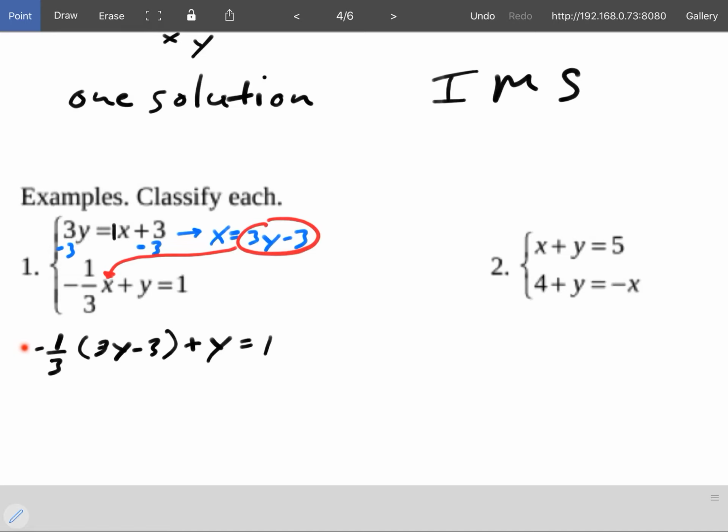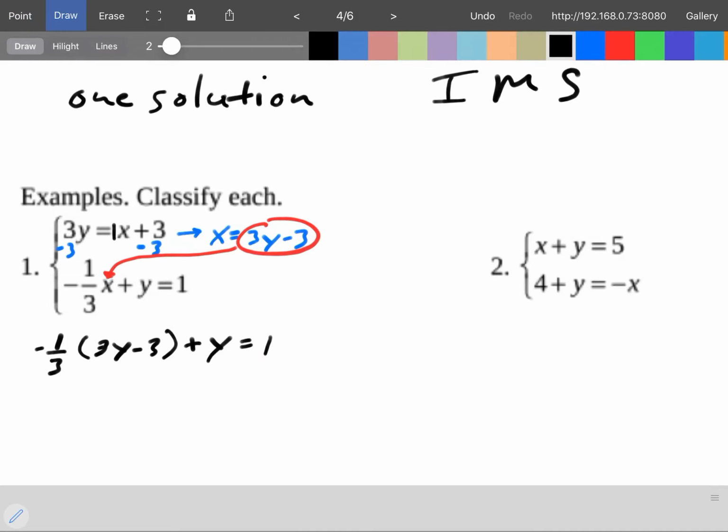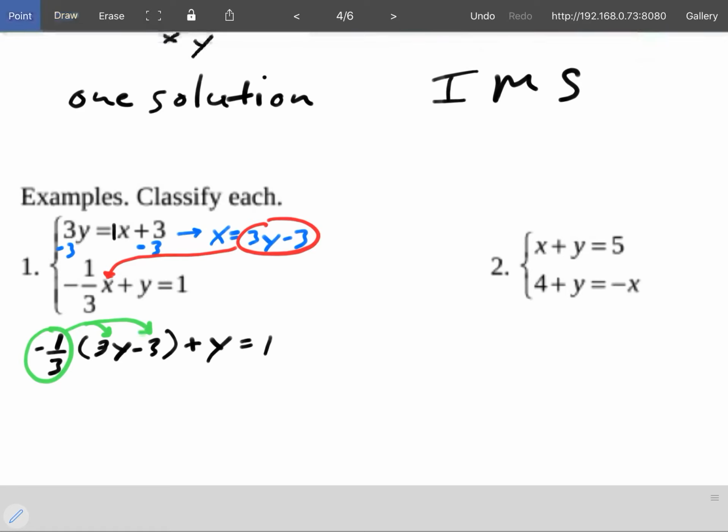Now I'd be tempted to possibly multiply both sides by 3, because if I multiplied by 3 on the left-hand side, these 3's would cancel. But then I'd also have to multiply that y by 3, and the right-hand side 1 times 3. But on this one, I think I'm going to go ahead and distribute. I'm going to distribute the negative 1/3 times the 3y and the negative 1/3 times the negative 3. The reason I chose to do that is because 3 is divisible by 3.